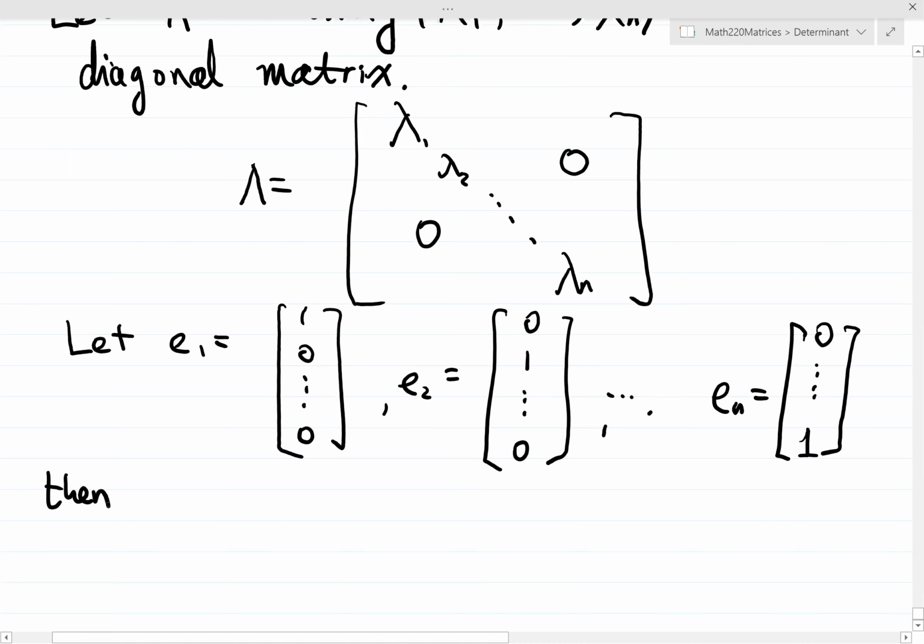Then the output for E1 with this rule: Gamma tells us that if you input E1, Gamma outputs the first column, which is lambda 1, 0, ..., 0. So this is lambda 1 E1.